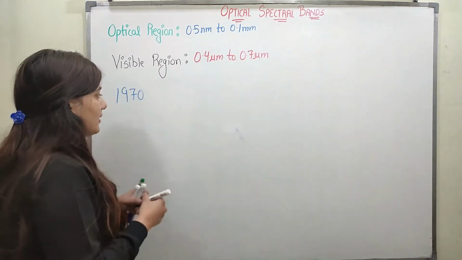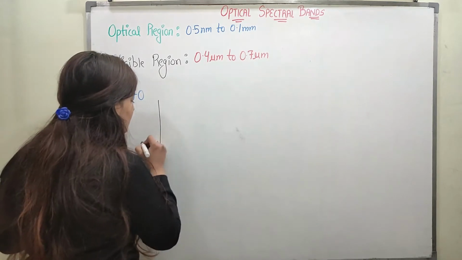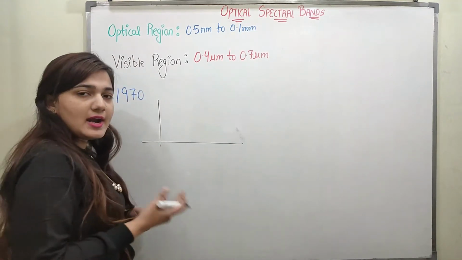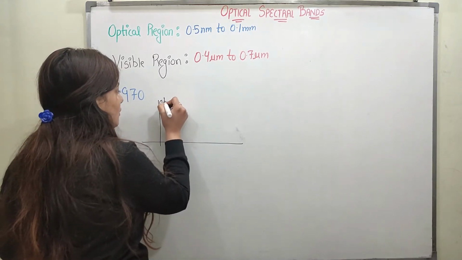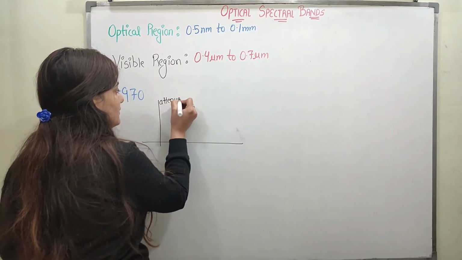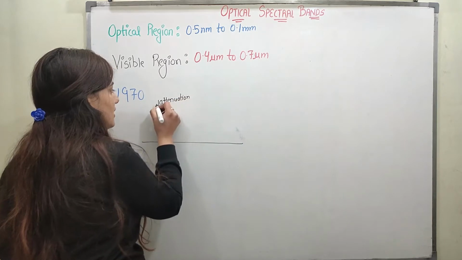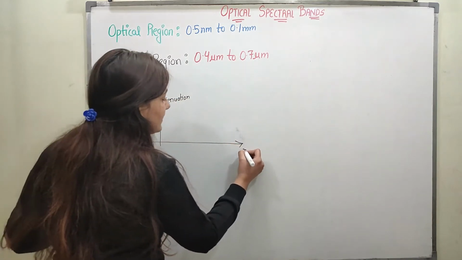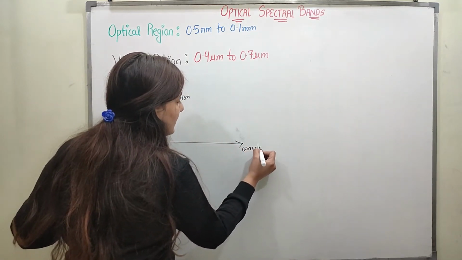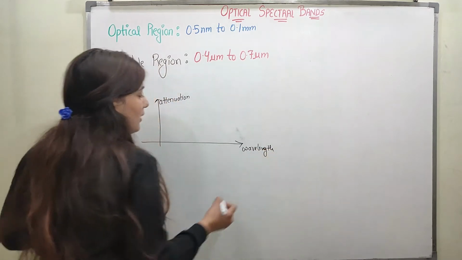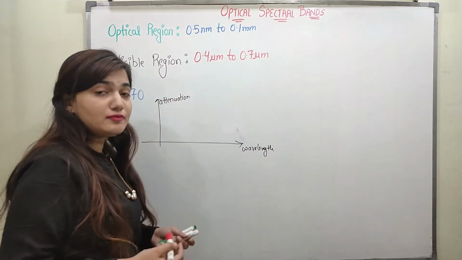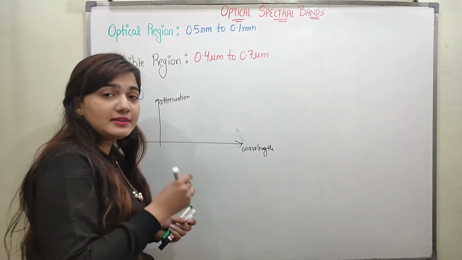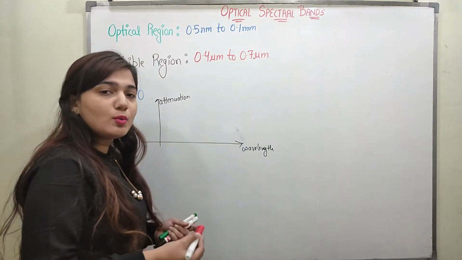So we were working on the attenuation, and we want the attenuation to be as low as possible. This is the y-axis which shows the attenuation, and the x-axis shows the wavelength. Even though I am working on the specified range of wavelength, I have to select which particular wavelength among the band I have to work upon.